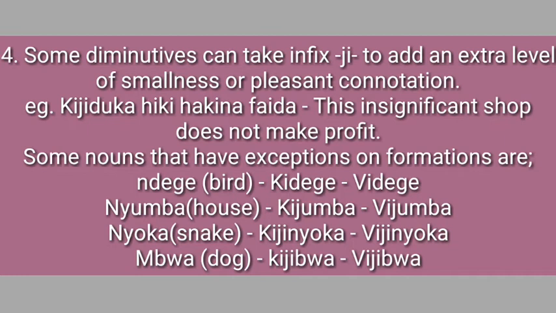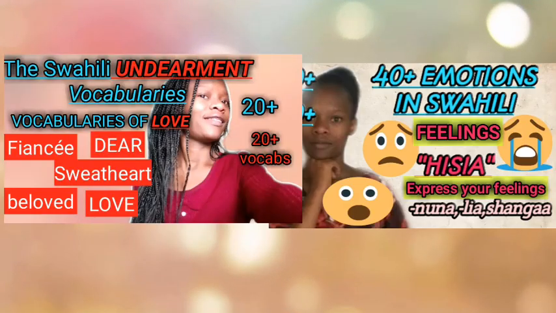Nyumba, kijumba. Nyoka, kijinyoka. Mbwa, kijibwa. And the plurals are videge, vijumba, vijinyoka, vijibwa. So these are just some of the special nouns that are formed in their own way. They don't have a common way of forming them.